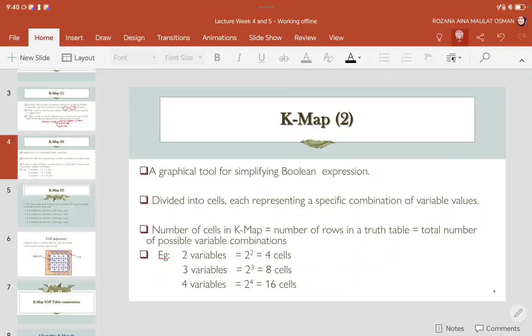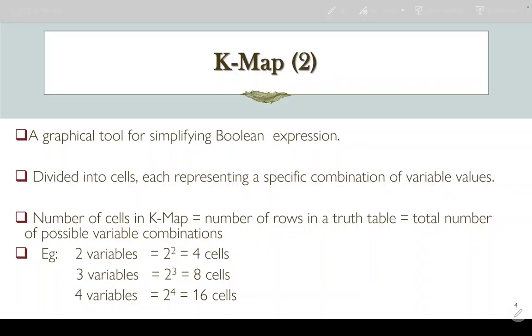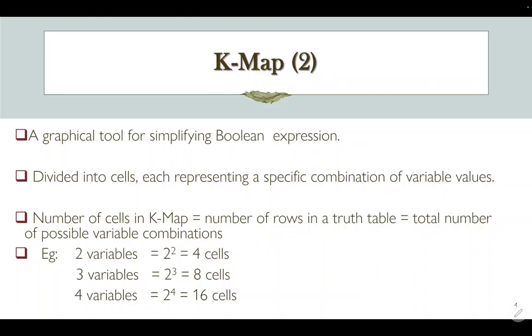In K-map, you can have 2 variable, 3 variable, and 4 variable. For 2 variable, it represents 2-bit binary. 3 variable, 3-bit binary.